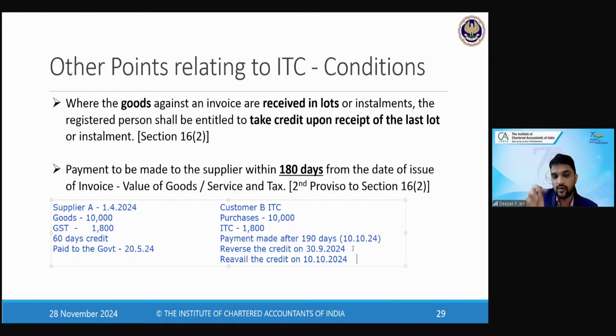So transactions for the month will have to be in that month itself. Up to 30th September, correct. Since he is reavailing the credit in October, in the October month's return he will have to show it.